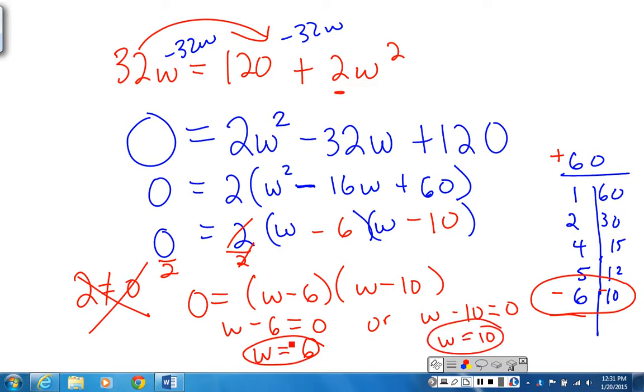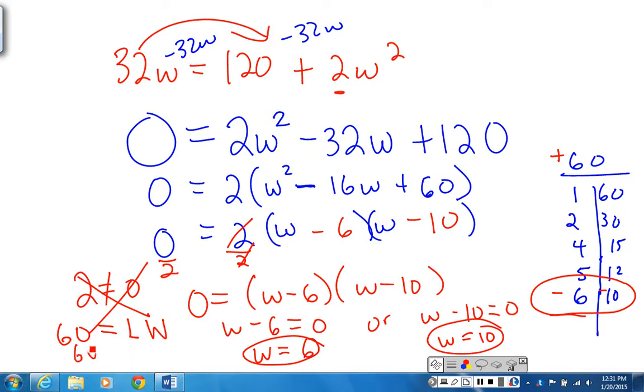Now if the width was 6, what is the length? Or if the width was 10, what is the length? Now we know that the area was 60, right? 60 equals LW.